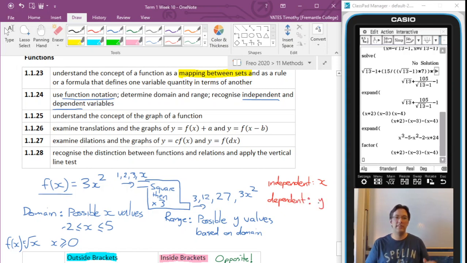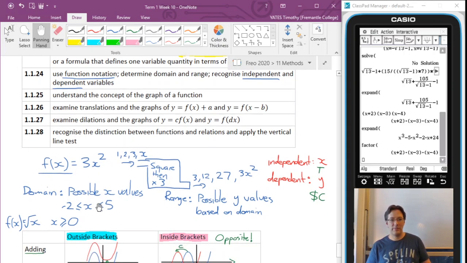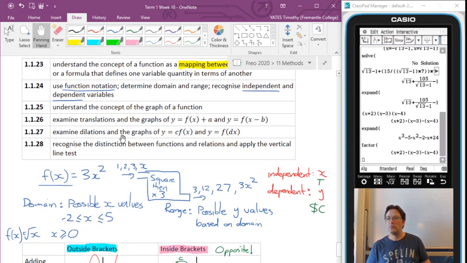Now y only does what x tells it to, so it is dependent on x. And x and y aren't always our variables. Oftentimes we'll have something like time and cost in dollars, like when you're working out what someone's paid as an hourly wage. It could be something entirely different, but one is independent and one is dependent on the first one. So yeah, that's that one.